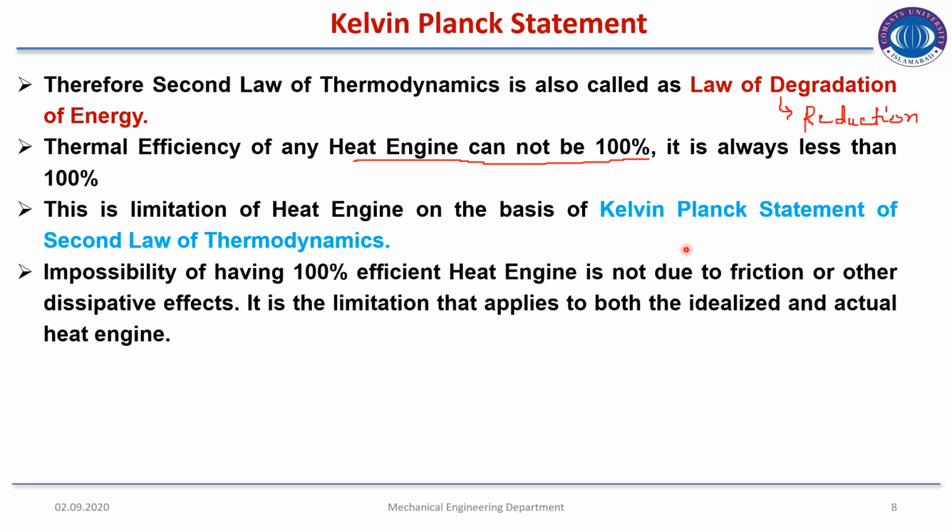It is a limitation that applies to both the idealized and the actual heat engine. As we know, in idealized cases we neglect the effect of friction and other dissipative effects. In an actual heat engine, all these effects, like frictional effects, are present, but when we are discussing the idealized process, we neglect the frictional effect.